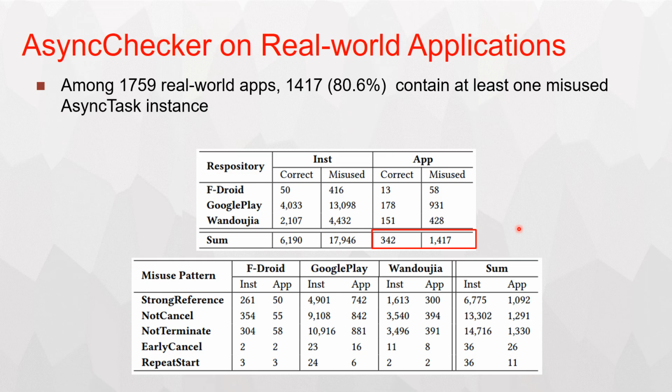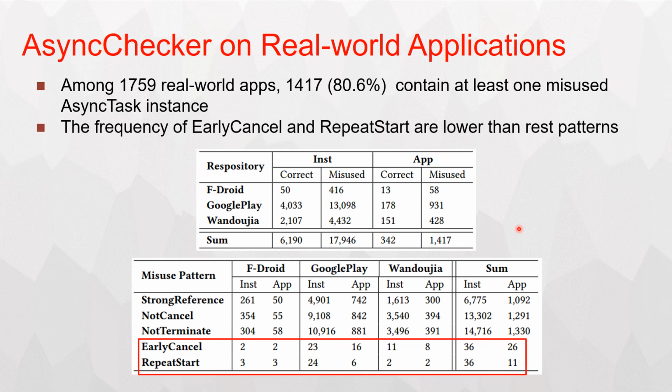As we can see, the frequency of early cancel and repeat start are lower than the rest of the patterns. It's easy to explain. On one hand, many developers don't know async tasks should be cancelled. No cancel means no early cancel. On the other hand, repeat start can directly lead to crash. Developers can easily find and fix it during testing.